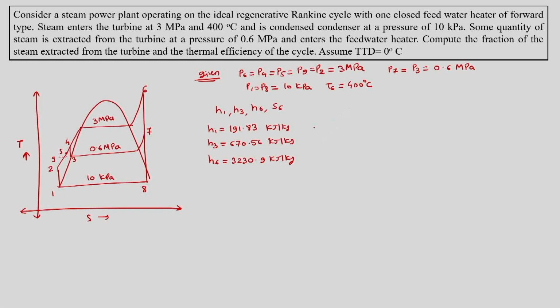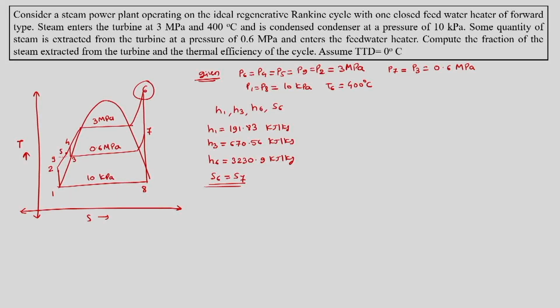Knowing this, we can do one more thing. We can write down S6, the entropy at station 6, and to find state 7 we know S6 is equal to S7. So, from this constraint we look up S6 in the steam table at state 6, corresponding to 3 megapascal, which happens to be in the superheated zone.